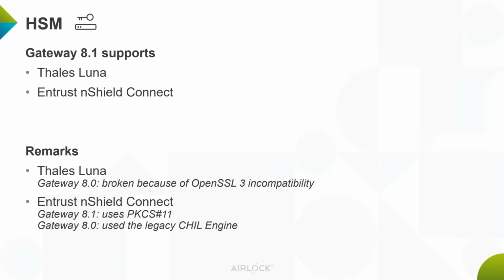With Gateway 8.0, Thales Luna support was broken because with the OS upgrade we were moving towards OpenSSL version 3, and there was an incompatibility. And in version 8.0, Entrust nShield Connect used the legacy CHIL engine, and now it uses the PKCS#11 standard.